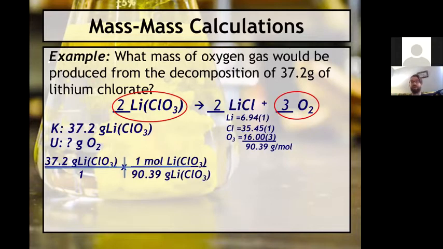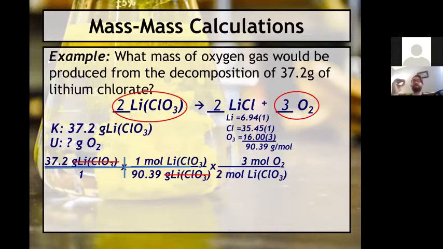Again, this is just a fence post, right? The second part will be the mole ratio. After my grams cancel out, I see that I have moles of lithium chlorate, so moles of lithium chlorate should go on the bottom. And you should see that I'm going to put 2 on the lithium chlorate this time because I'm doing mole ratio.